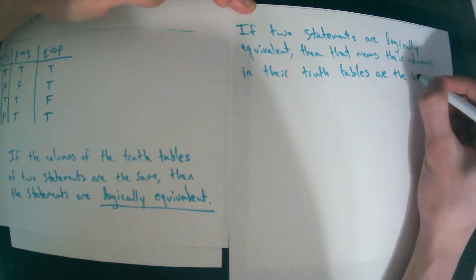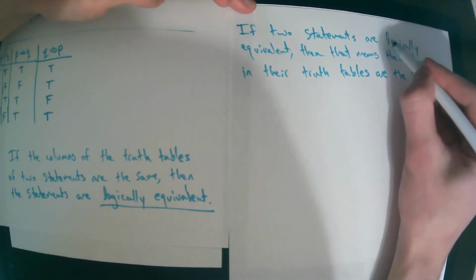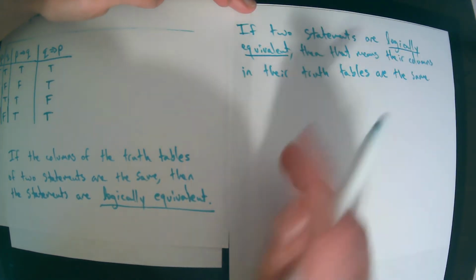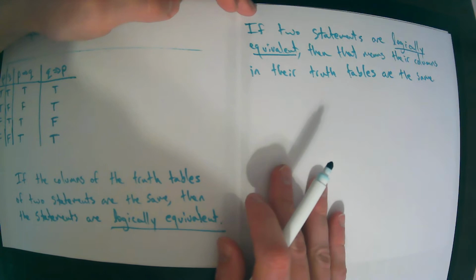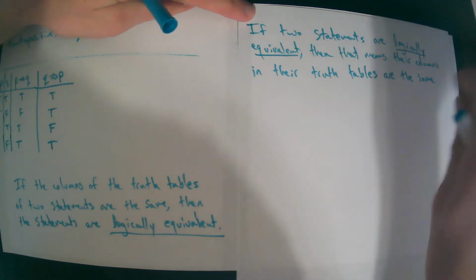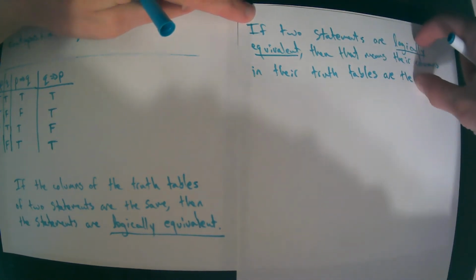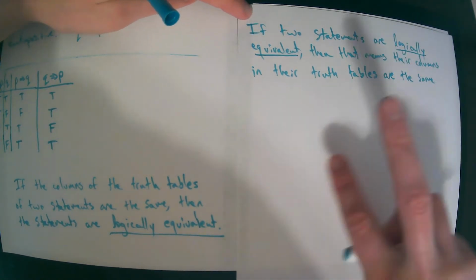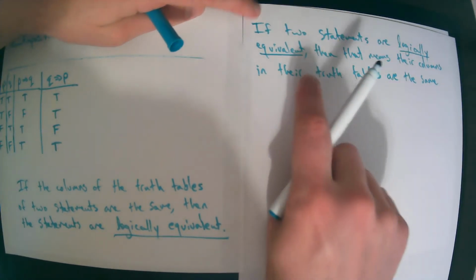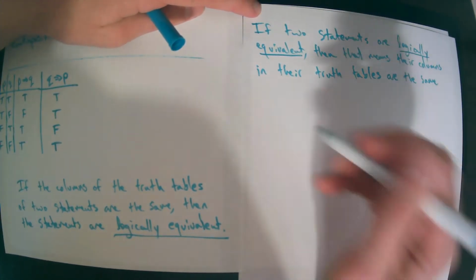But really, both of these statements are actually true in both directions, because it is a definition, which means it should work in both directions. But I was actually trying to make a point of this particular part of the statement, because if you write its contrapositive, which would be, what is the contrapositive of this statement?